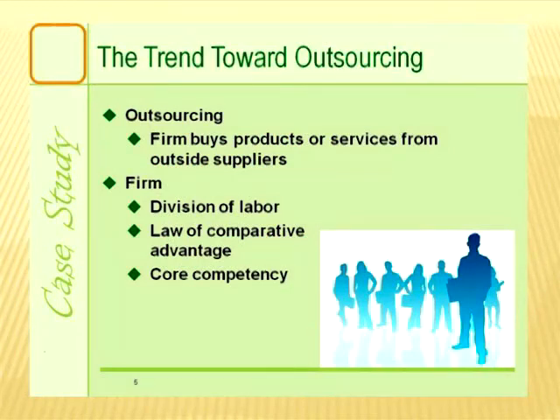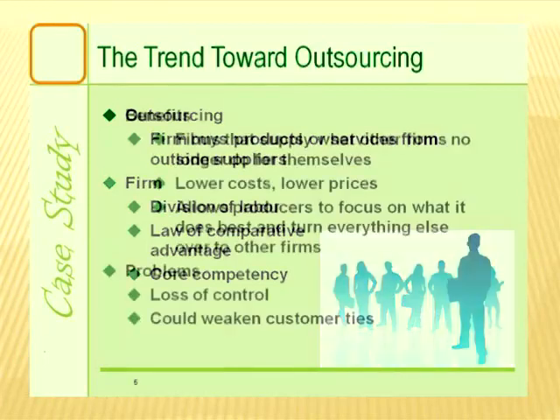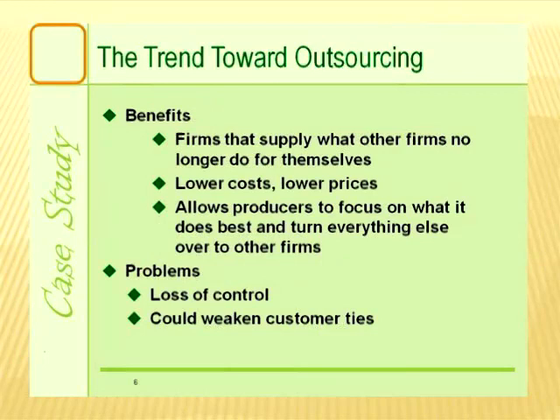This leads us to the whole idea of outsourcing. Outsourcing simply means that the firm buys the product or services from outside suppliers, which allows them to concentrate on their core competency and utilize the law of comparative advantage. Now, that has a benefit in that firms can supply what other firms no longer do for themselves.